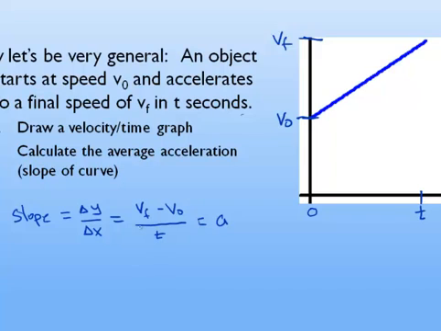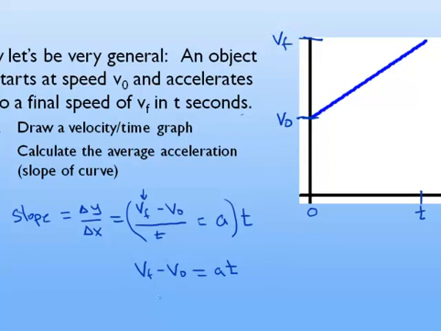In kinematics, one of the most common things we need to find is the final velocity. It's usually not told to us. So let's solve this equation for Vf. To do that, multiply both sides by time. That gives us Vf minus V naught equals AT.